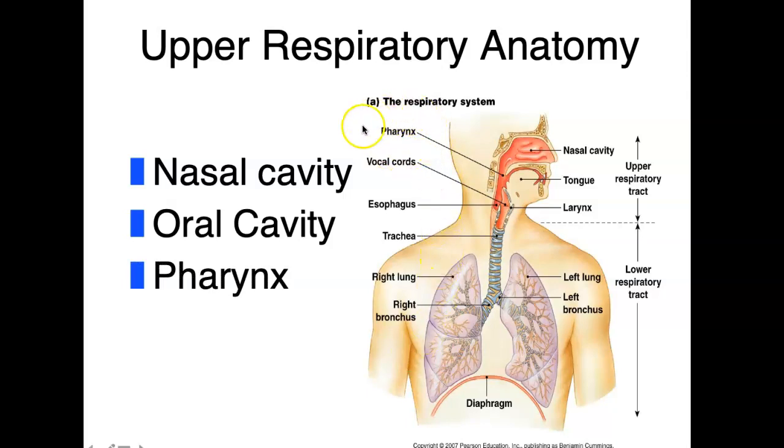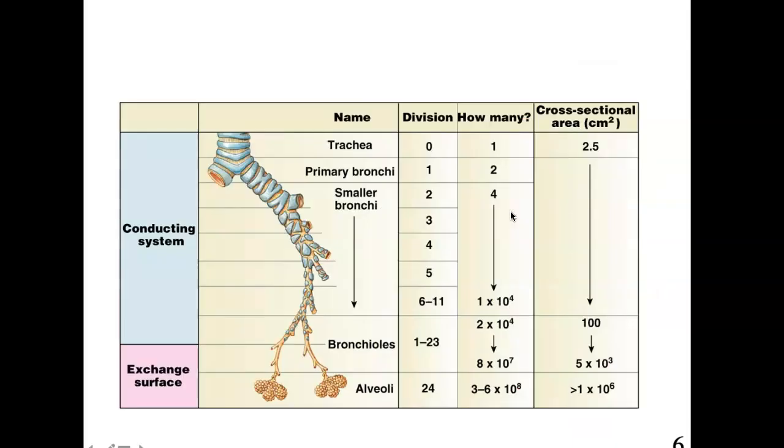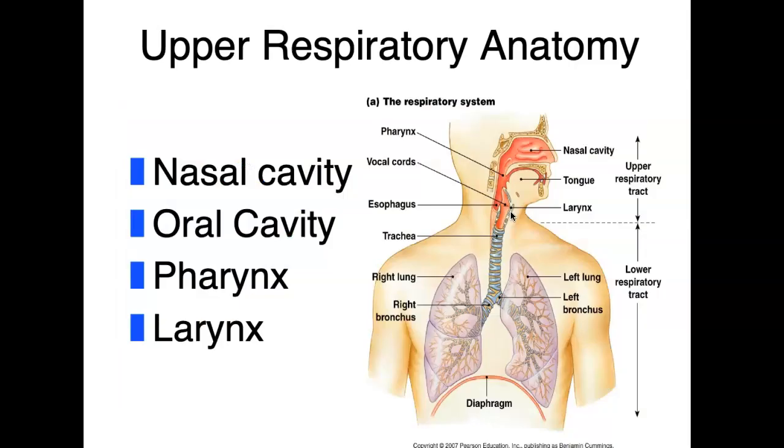So here, this region of the pharynx is the region behind the mouth, and air is coming into those. And coming down to the region of the larynx, which is the region with all the cartilage here. Those would make up the upper respiratory system.